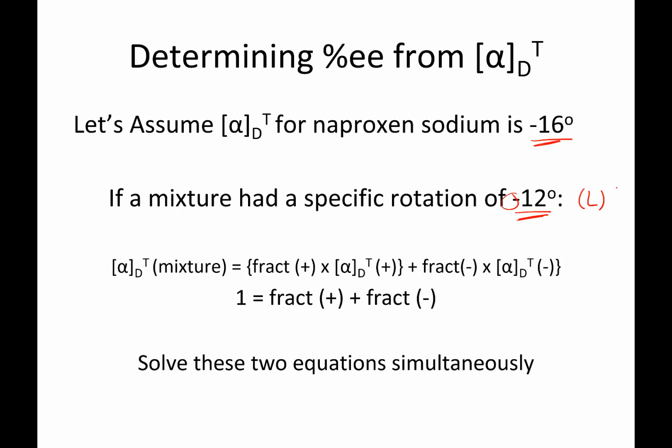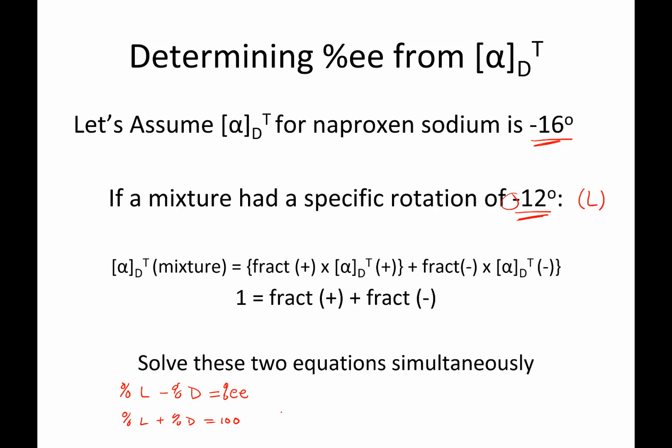So here I have basically kind of a larger equation, but we can do this like we did before. The percent of the L form minus the percent of the D form equals the percent of enantiomeric excess. And then the percent of L plus the percent of D has to equal 100. So our question is, what's the percentage of enantiomeric excess?